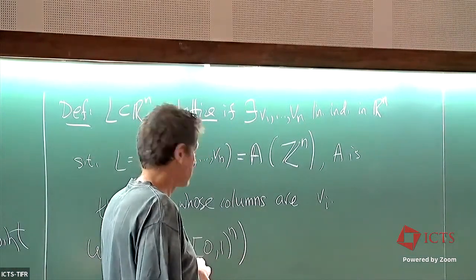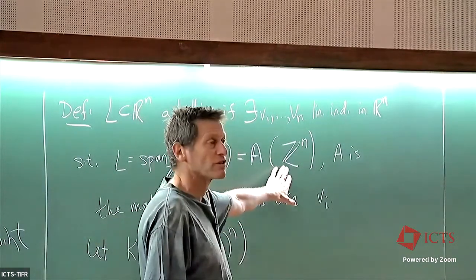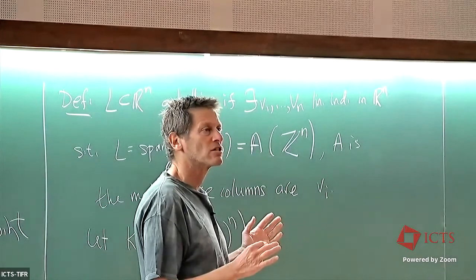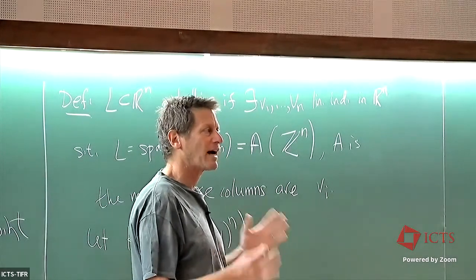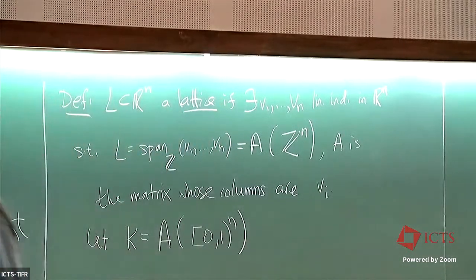If you take this unit cube and you translate it around by elements of the integer lattice Zn, you're exactly covering space. Every point gets covered exactly once with no overlaps. So what that means in our notation is that this is both a covering and a packing in that situation. And this function is a constant function, everywhere equal to 1. And so the average is equal to 1.